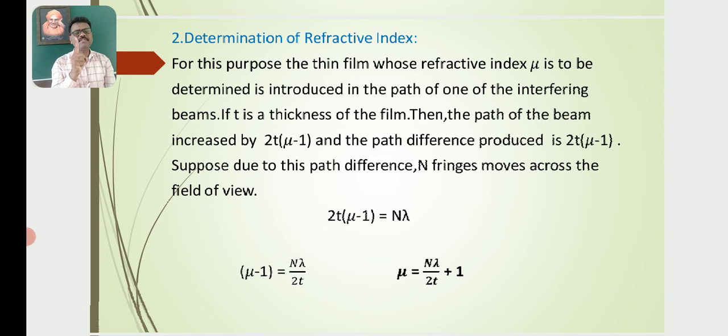By knowing the number of fringes moved in the field of view, n, the wavelength of light, and the thickness of the film, we substitute in this expression and determine the refractive index of the thin film. This is the method we use to determine the refractive index of a thin film using the Michelson interferometer.